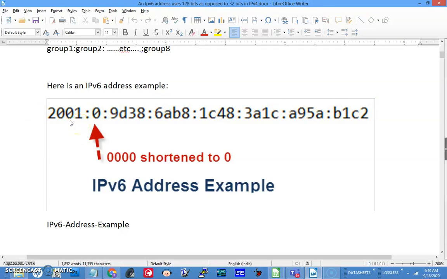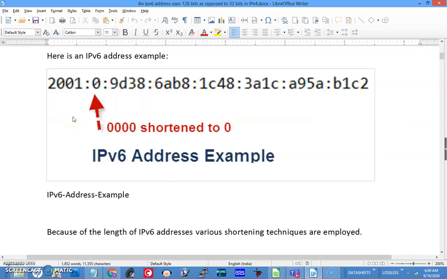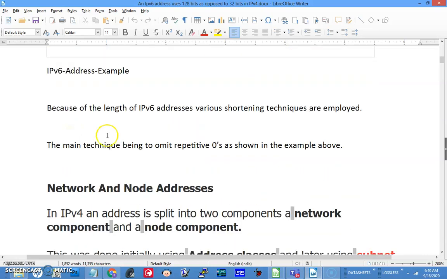This should be clearly understood because there will be questions on the representation itself. A lot of shortening techniques are used. We must understand this. Based on this, you can expect a question in the quiz or in the main assessment.